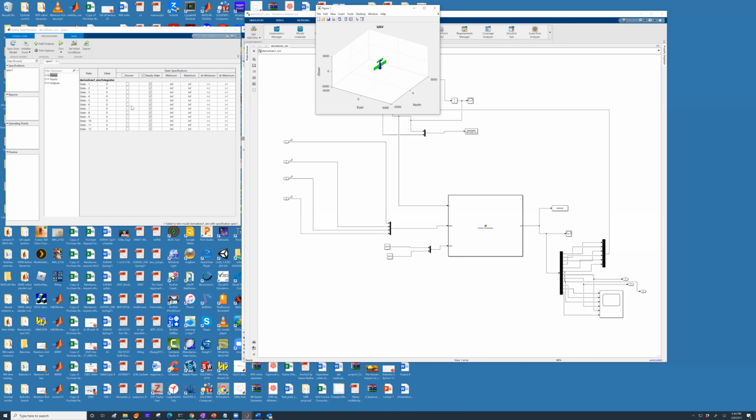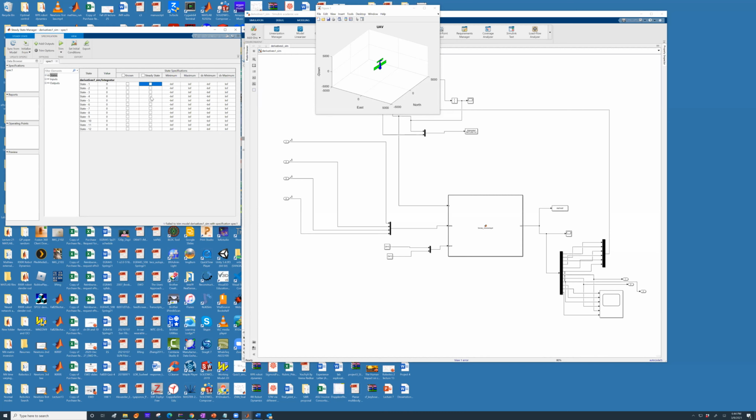Let me see which of these constraints are real and which I have put in additionally. Clearly, there is no reason to have this constraint. Look at the notes I discussed a minute ago. I don't want all the 12 derivatives to be 0. I just want the derivatives from state 4 up to state 12 to be 0. There is no need for the first derivatives to be 0.